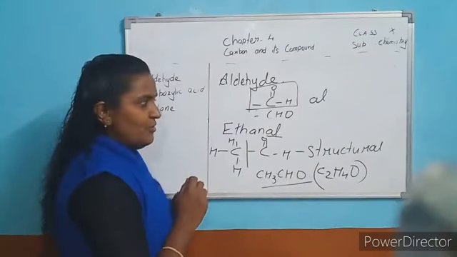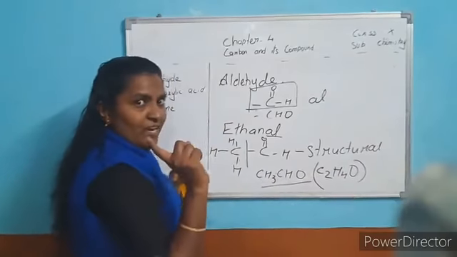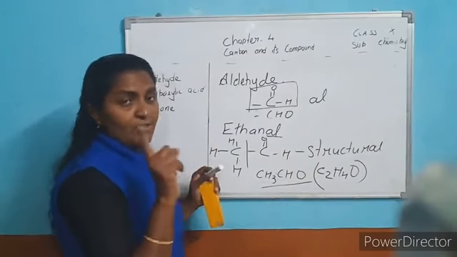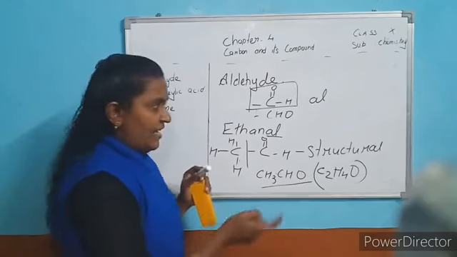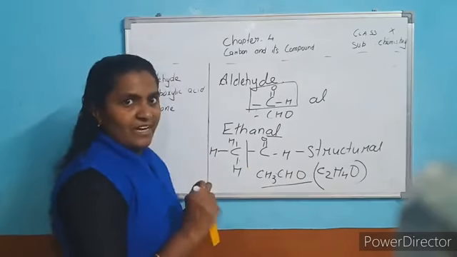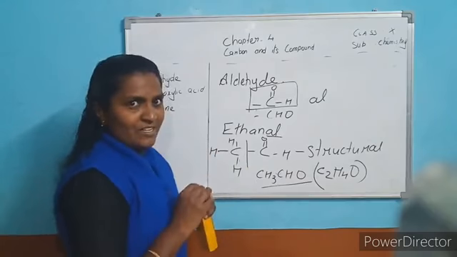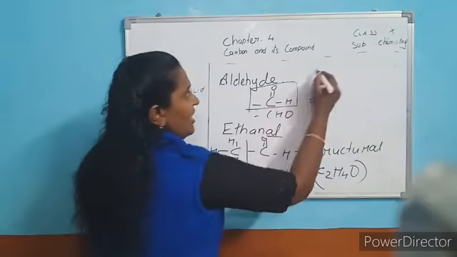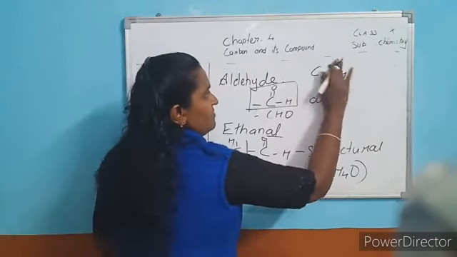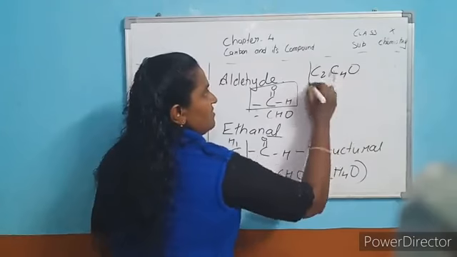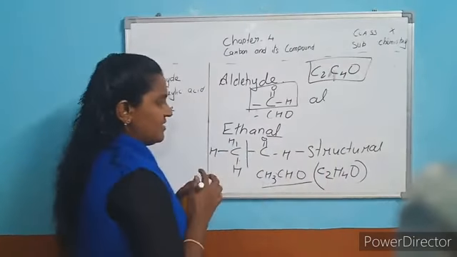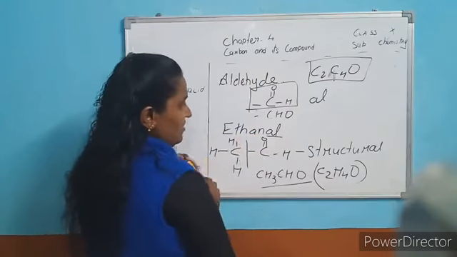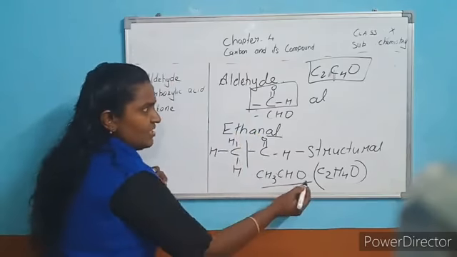So further, what do you do? O means the alcohol group has 1 O, the aldehyde group has 1 O, and the ketone group has 1 O. So you have to check with these 3 formulas.